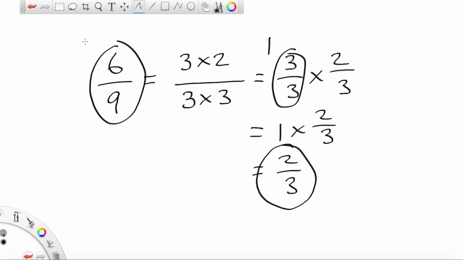Let's see how we can use that same idea to get equivalent fractions. Let's say we have 2/3 plus 1/4. Let's say we want to do that. Now we know we've got to get the same number underneath.